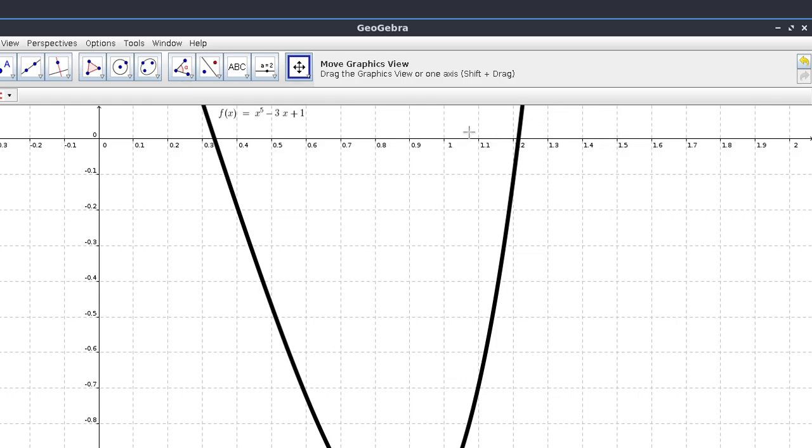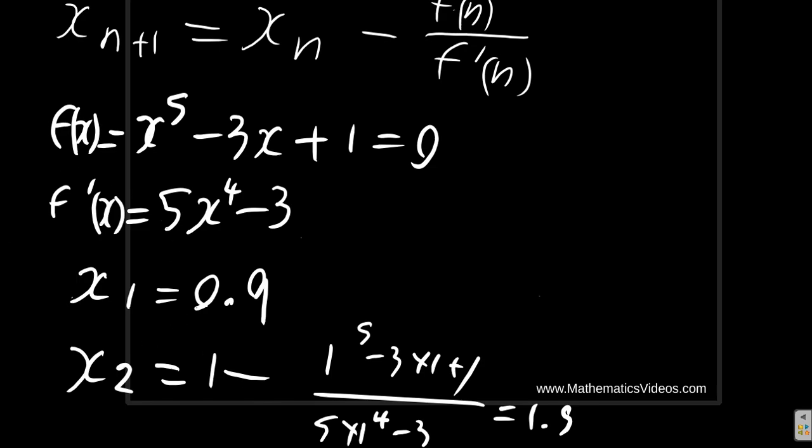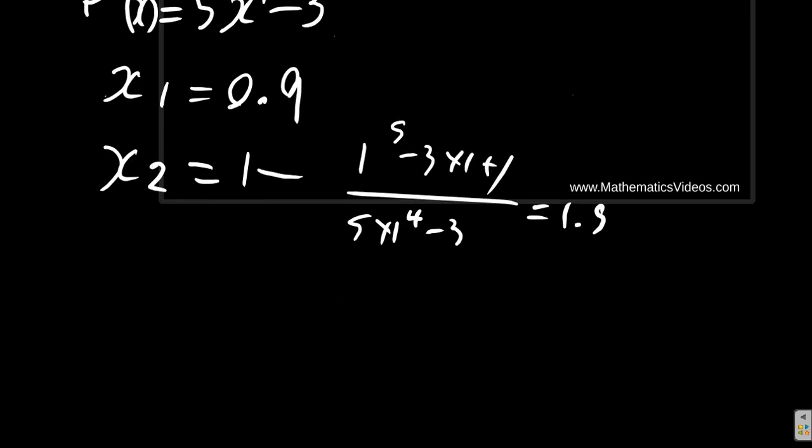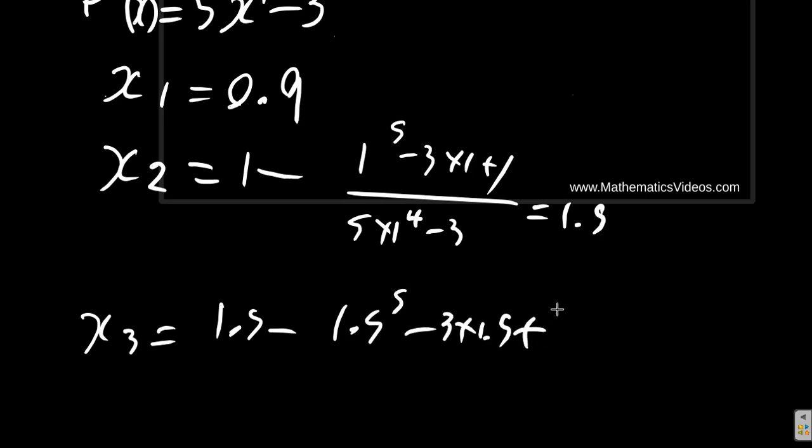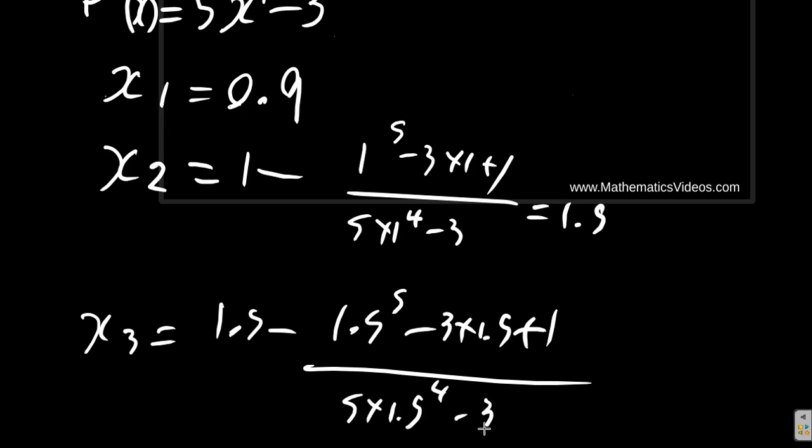This was not very near to the root. Now, if we use 1.5 as our x3, we get 1.5 minus 1.5 to the 5th minus 3 times 1.5 plus 1 over 5 times 1.5 to the 4th minus 3.